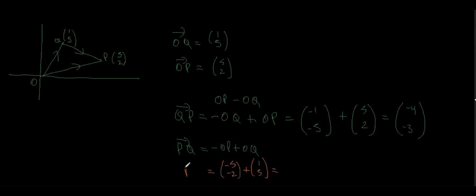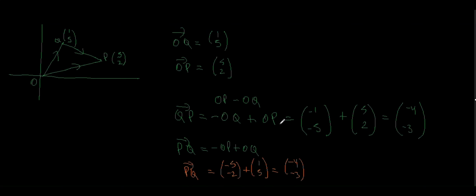So you will get the vector P to Q being negative 5 plus 1 is negative 4, negative 2 plus 5 is 3. Which is what you would expect, because in one way from Q to P you went here and you're going back here, so you would expect some sort of similarity in terms of the movement, as I was explaining before.